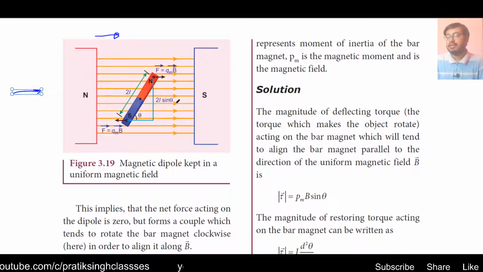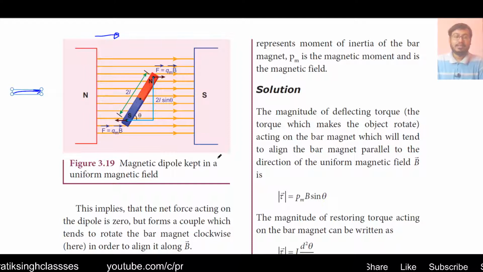I already shared in the previous video that geometric length and magnetic length are two different quantities. End to end is called geometric length and pole to pole is called magnetic length. Here we have magnetic field B, and the length from north to south pole is 2L.